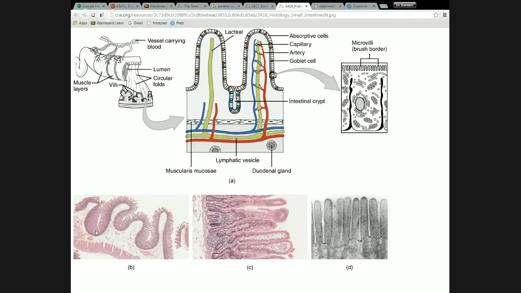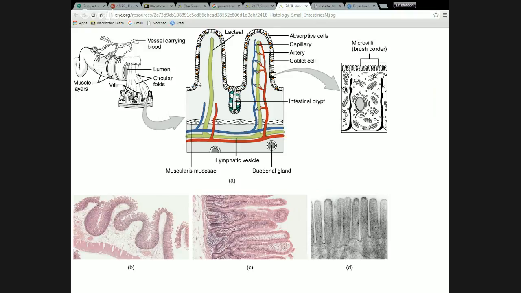Now, on top of the circular folds that we can see in the micrograph, the mucosa isn't just flat. There's actually little folds inside of that. And those folds are of the mucosal lining, the epithelium, where it wraps around these finger-like extensions out of the mucosa called villi. Villus is singular, villi is plural.